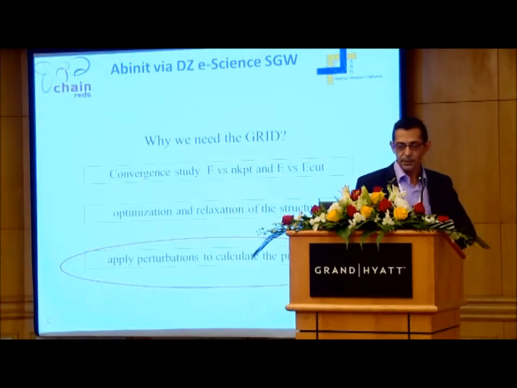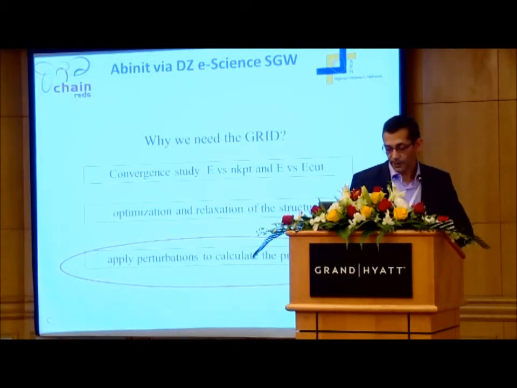Then we can do an optimization and relaxation of the structure, and then we can apply perturbation to calculate these properties, because the properties of materials are the response of these materials to external perturbation. This last step is the very hard one.